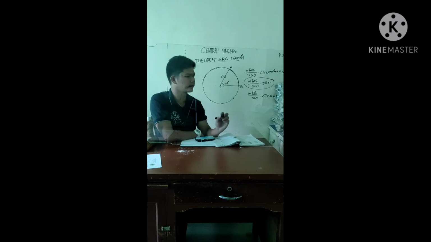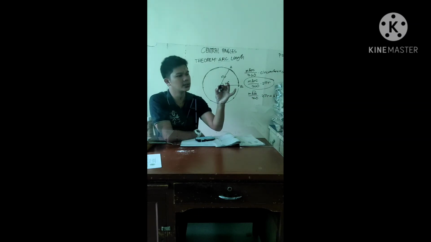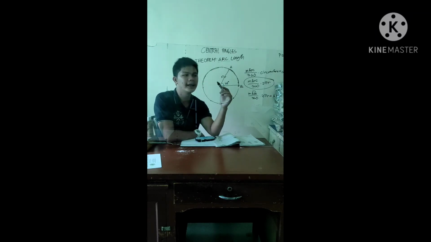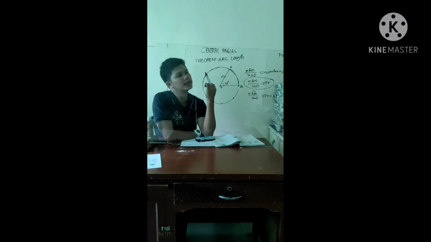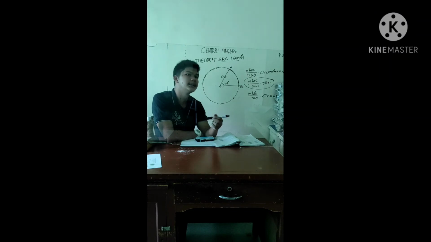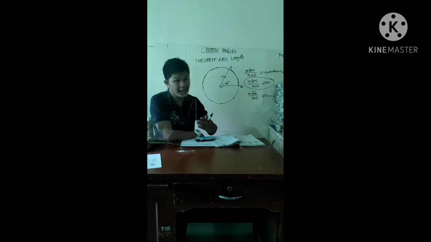Now, yung measurement ni arc AB, so since this is a central angle, kung ano yung measurement ni angle AOB, yan yung din yung degree measure ng ating arc AB or our intercepted arc, or postulate CAIA.